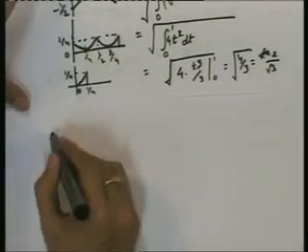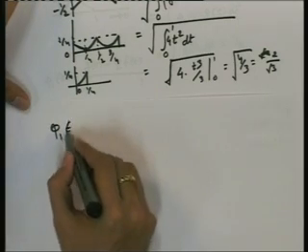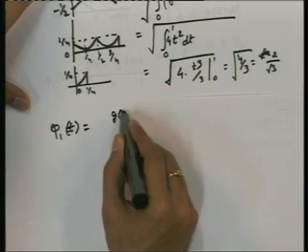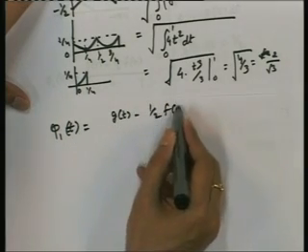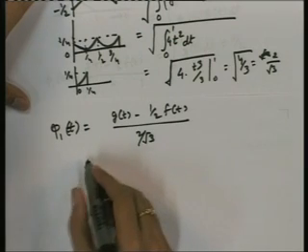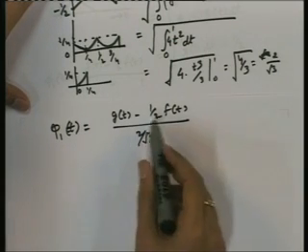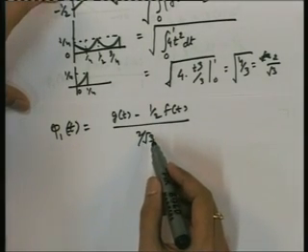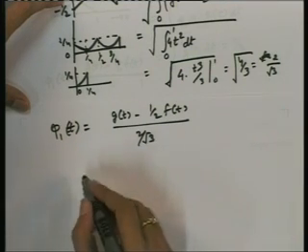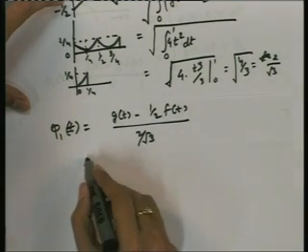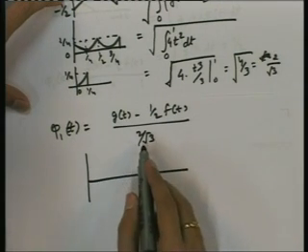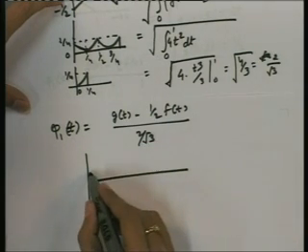So what we have is phi 1 t is gt minus half ft by 2 by root 3, and this will be divided by 2 by root 3, that is multiplied by root 3 by 2.